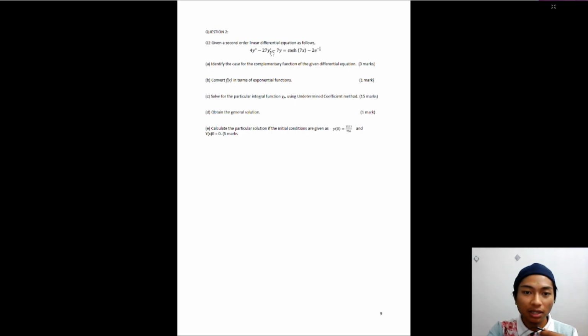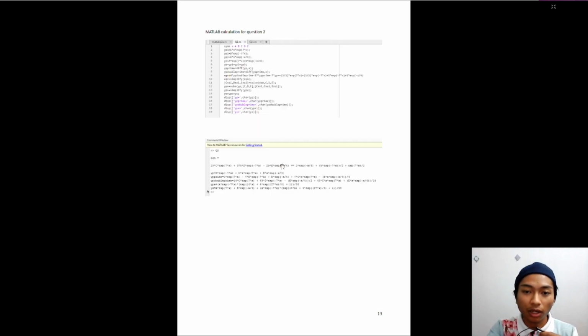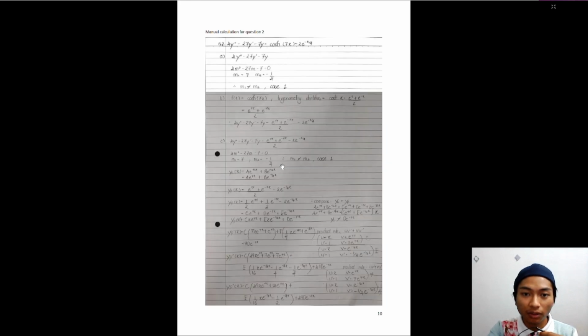For question C, solve the particular integral function yp using the undetermined coefficient method. For this question, first we need to find yc by using the values m1 equal to 7 and m2 equal to negative 1 over 4.